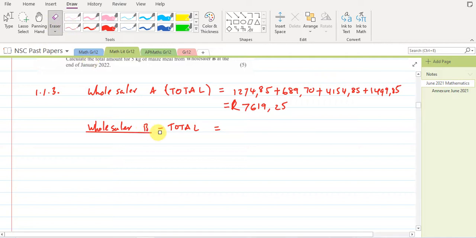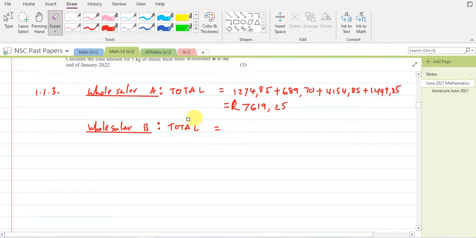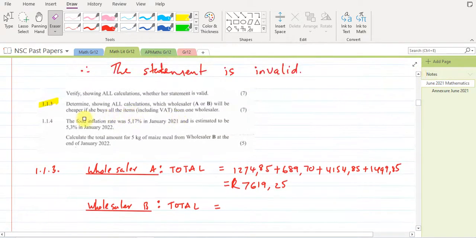Wholesaler B, let's make it neat, guys, and put it in brackets. So that's the total for wholesaler A. Now remember, this is just excluding VAT for now, but these are not VAT exempt items. See what they're saying, she buys all the items including VAT from one wholesaler.